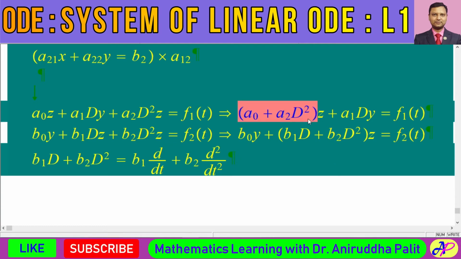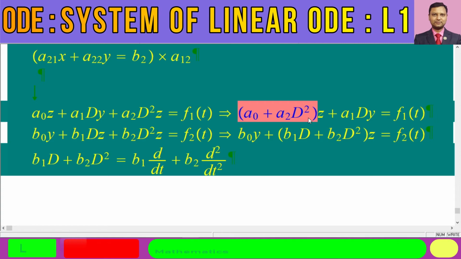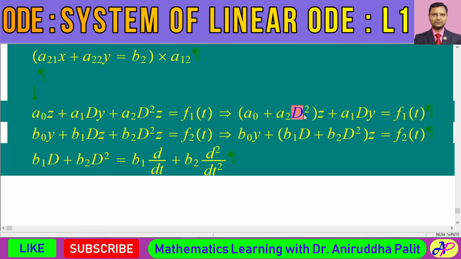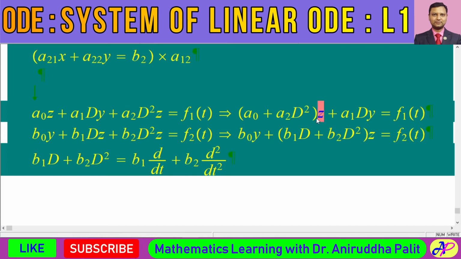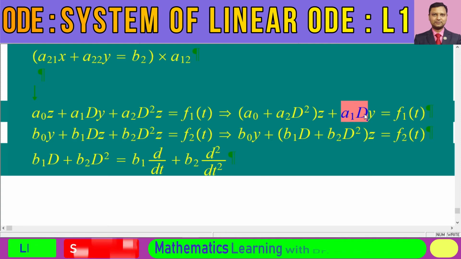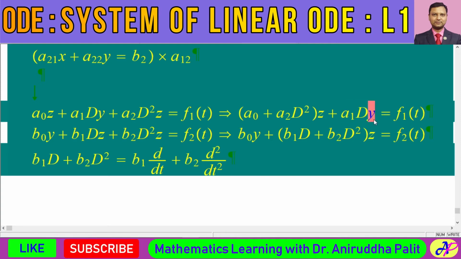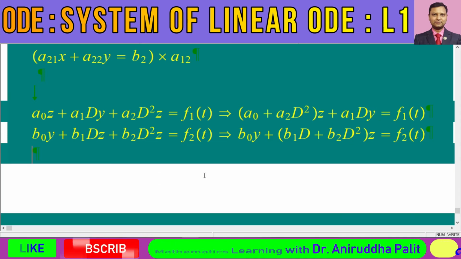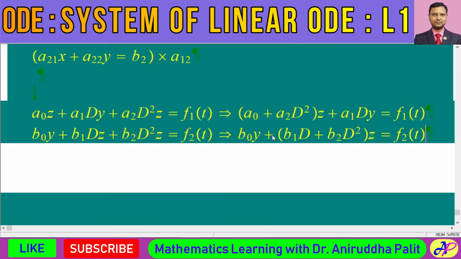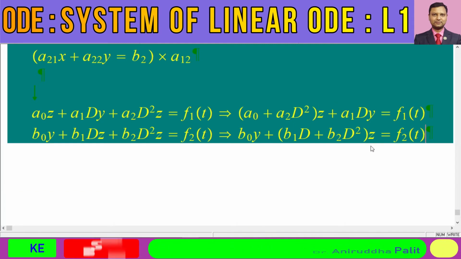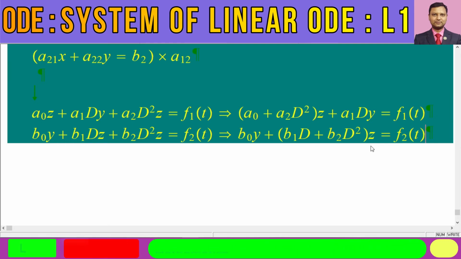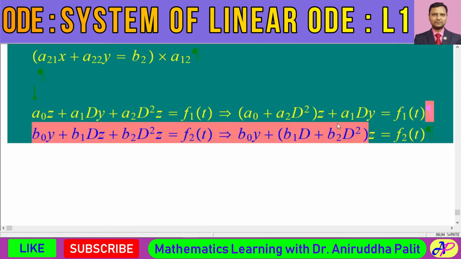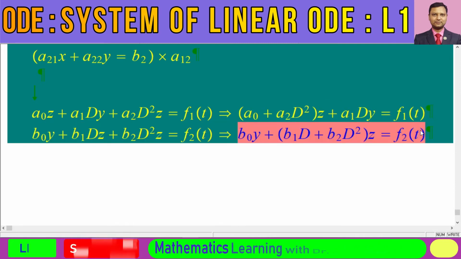This is an operator: a0 plus a2 times the second order derivative operator, operated on z, plus a1 times the d/dt operator operated on y. Got it? So these are the two equations that we have. These are the simplified form of a system of two linear differential equations. This is one linear differential equation and this is the second linear differential equation.